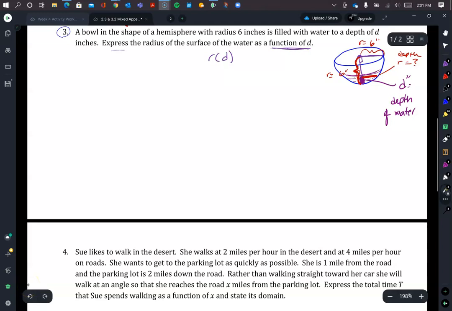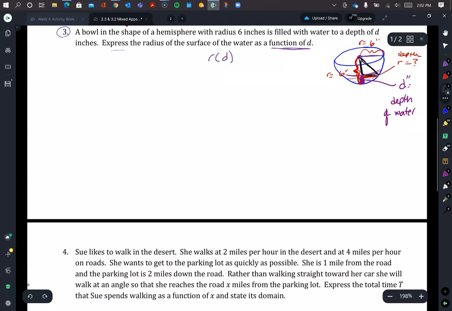So the way I'm looking at this is if I could make a triangle here, then I could use the Pythagorean theorem to figure out what this radius is of the water line there. In order to do that, I would actually need to know what this edge is. So I'm going to draw in this triangle that I want to identify here.